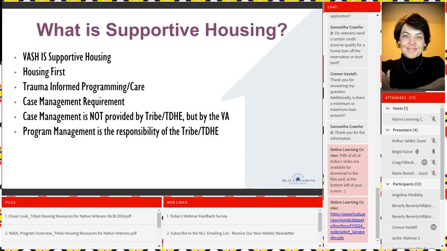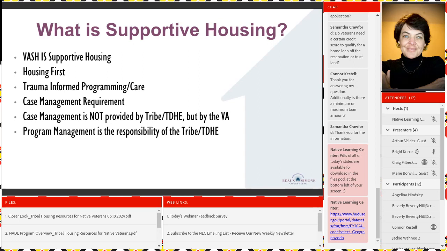Case management is a requirement. That is not always the case with every supportive housing project, but with the VA program it is a requirement. And under the Housing First model, that doesn't mean we force people to quit using alcohol or drugs. We don't force them into a psychiatric evaluation or onto medication.